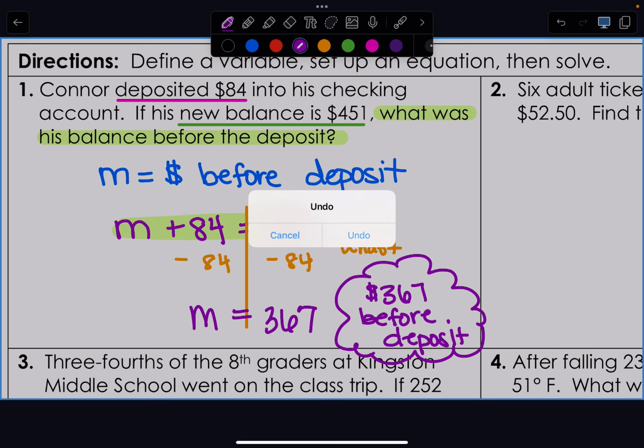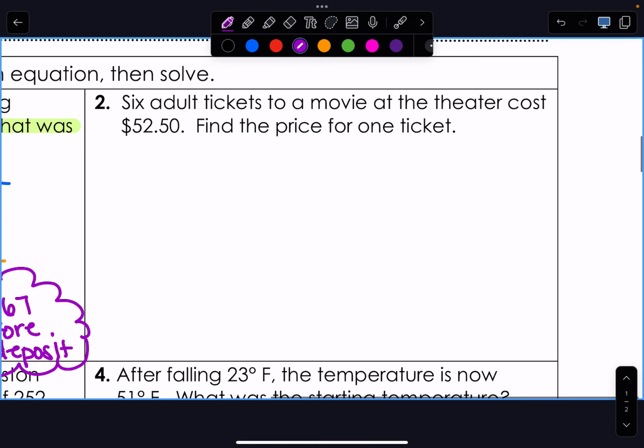How do you feel about that? The biggest challenge we are going to face is just figuring out how to set up the equation. Let's look at this next one and let's decide what needs to be underlined.